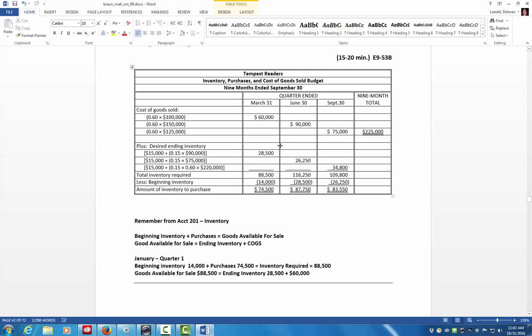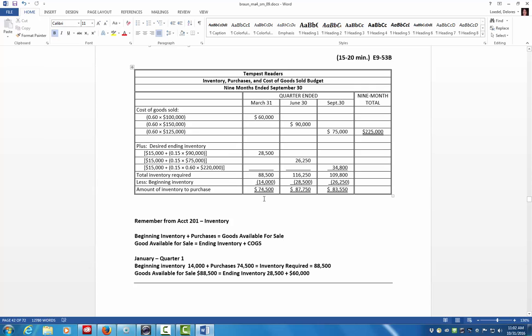We're thinking through this process kind of backwards, if you will. I put this down here just as a reflection back to Accounting 201. We remember beginning inventory plus purchases equals goods available for sale, right?